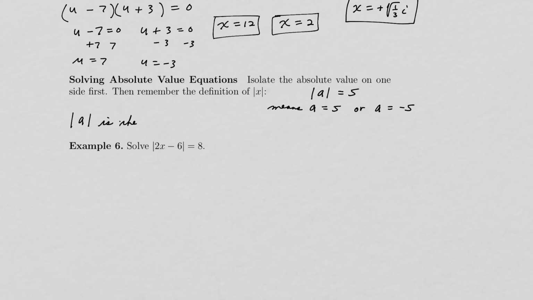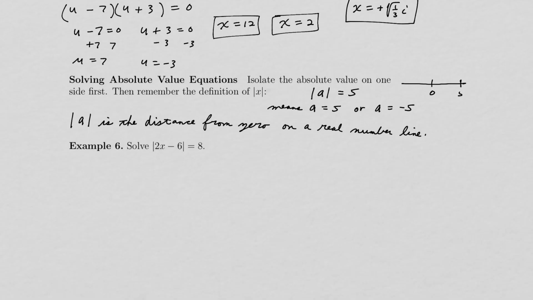So it is the distance from 0 on a real number line. Right, so if you have a real number line and you're told the absolute value of a is equal to 5, then there's two possibilities.